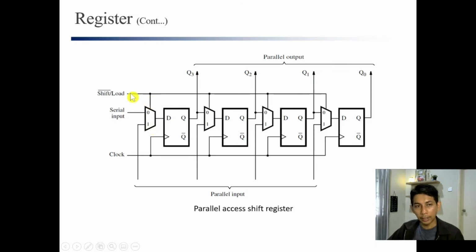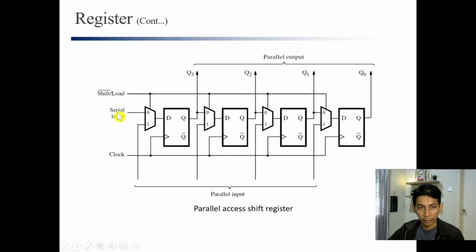But when the load shift signal equals 0, now we see that the input to the register is from this line, 0. So the input to this register is from here.